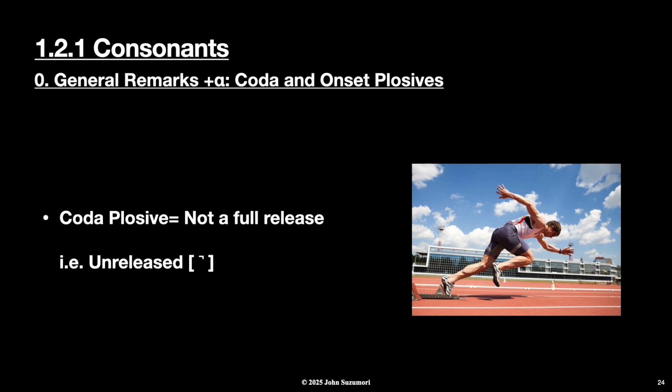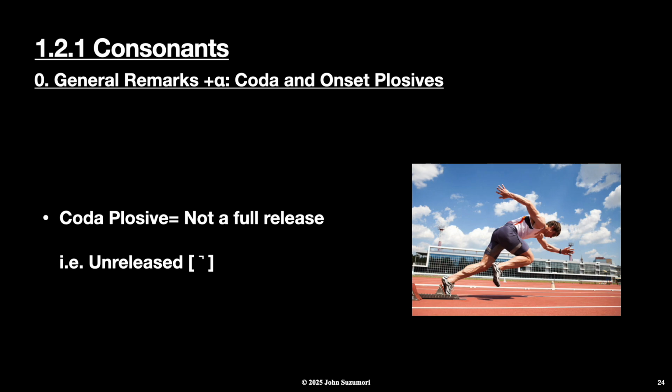Before we explore Korean consonants in detail, the difference between the coda and onset plosives should be mentioned. In Korean, coda plosives are not fully released. Figuratively speaking, the sound is as if time stopped at the very beginning of a sprint.